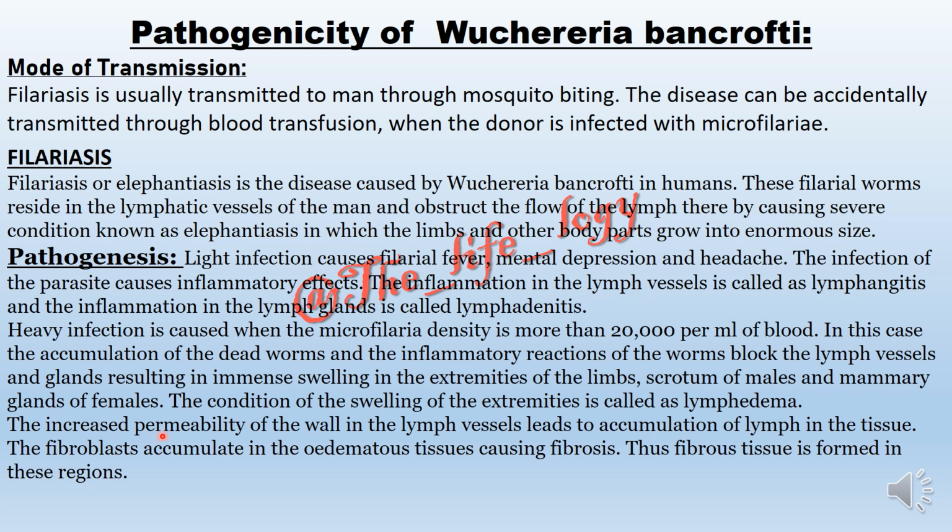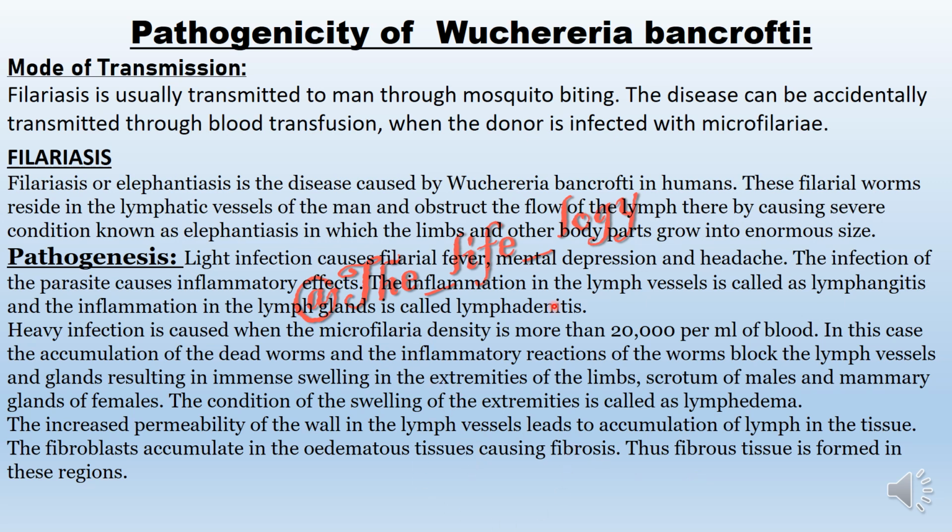The increased permeability of the wall in the lymph vessels leads to accumulation of lymph in the tissue. The fibroblasts accumulate in the edematous tissue, causing fibrosis. This fibrosis tissue is formed in these regions.